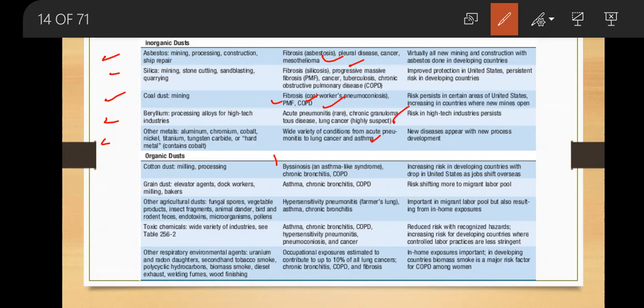All the other organic dusts cause chronic obstructive pulmonary disease. Some of them cause asthma, some of them don't, but if they don't cause asthma, they cause an asthma-like syndrome. And the exposure needs many years, 10 years, 15 years to 25 years.